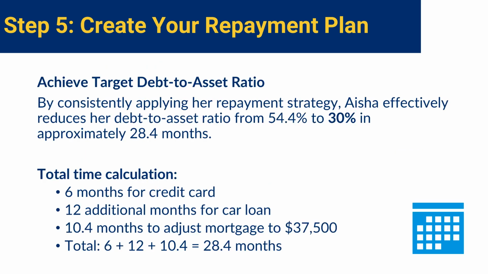By consistently applying a repayment strategy, Aisha effectively reduces her debt-to-asset ratio from 54.4% to 30% in approximately 28.4 months. Total time calculation: 6 months for credit card, 12 additional months for car loan, 10.4 months to adjust mortgage to $37,500. Total, 6 plus 12 plus 10.4 equals 28.4 months.